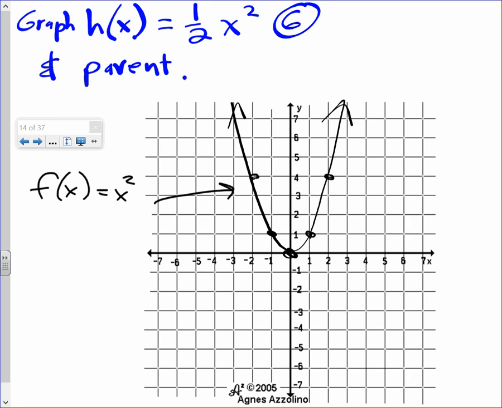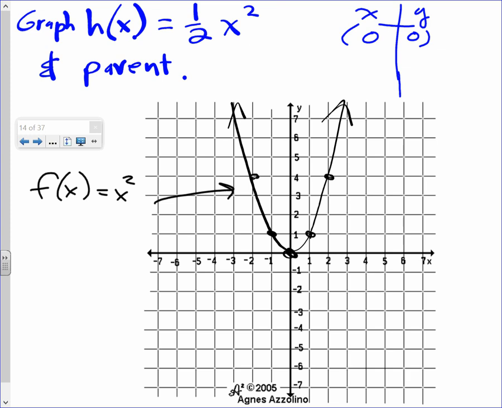So let's make a little simple table of values here. X, Y. Okay. x is 0, that'd be 1/2 times 0, y is 0. Cool.